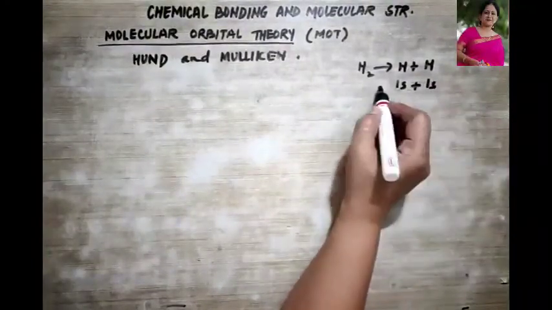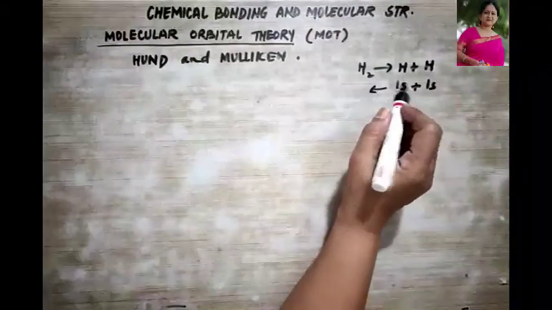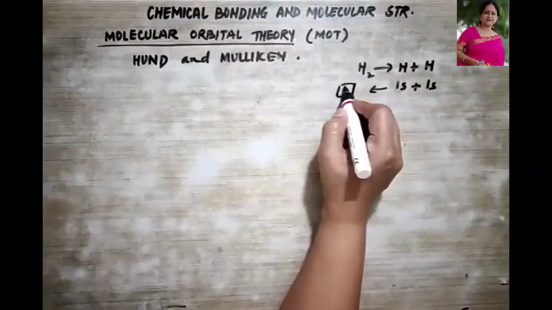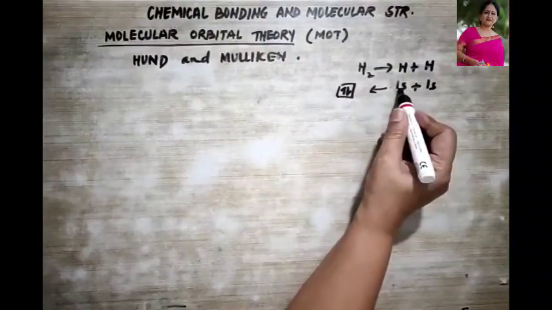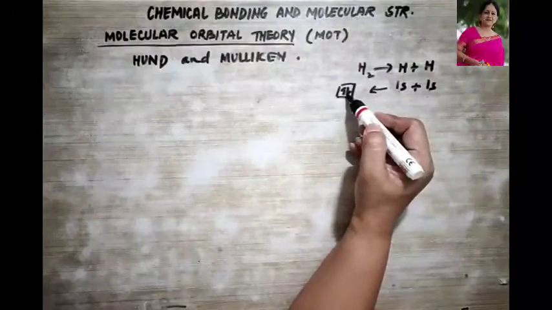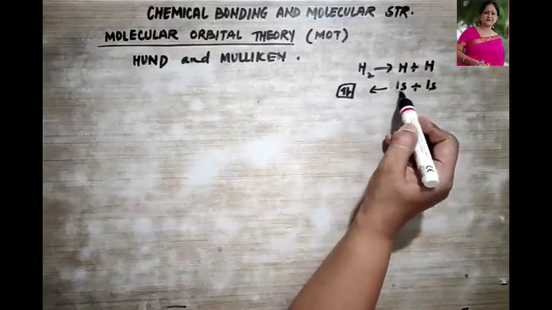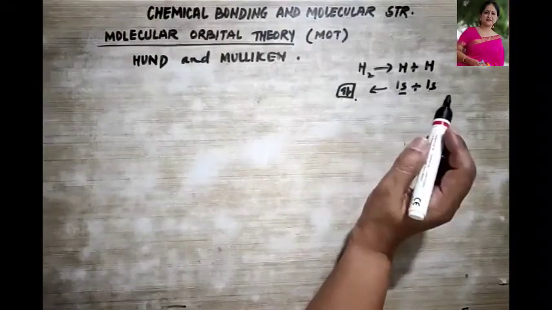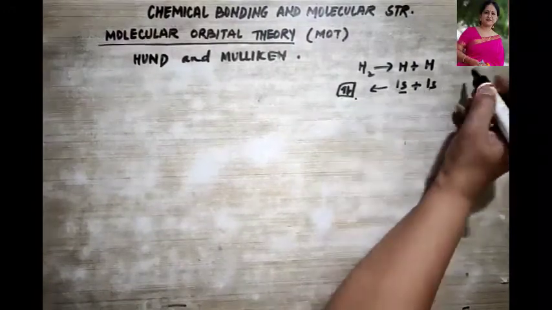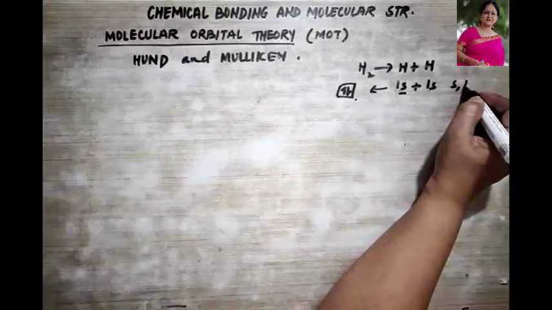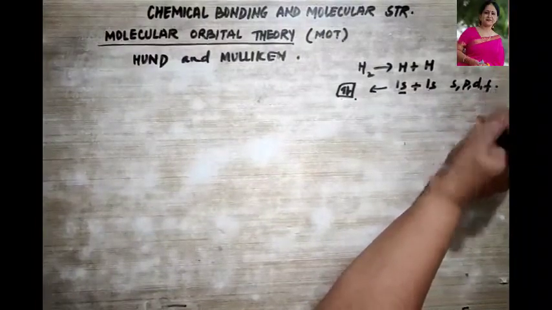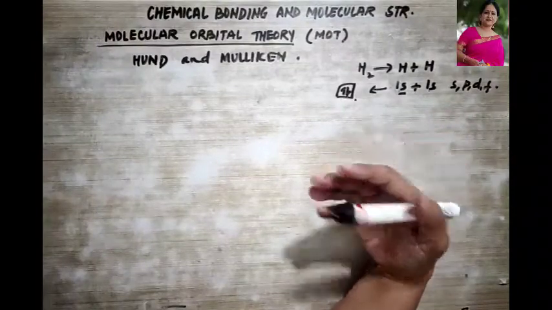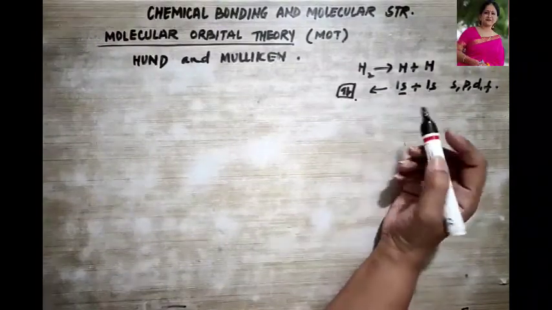If we talk about atomic orbital, it can be represented as one electron and the other electron, all placed in the s orbital. Clear? This is your atomic orbital. In atomic orbital, we are talking about s, p, d and f. But if we have to represent the molecular orbital, what will happen?